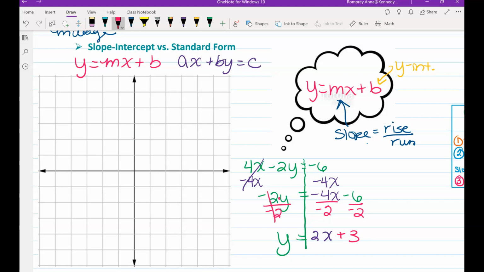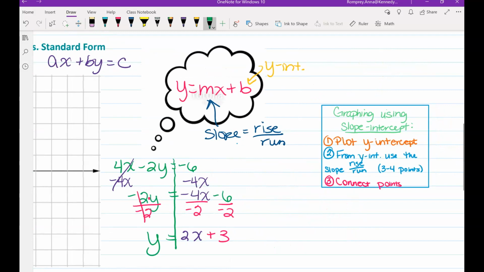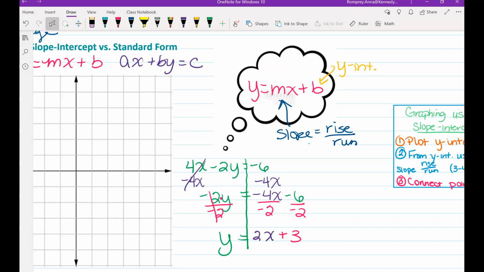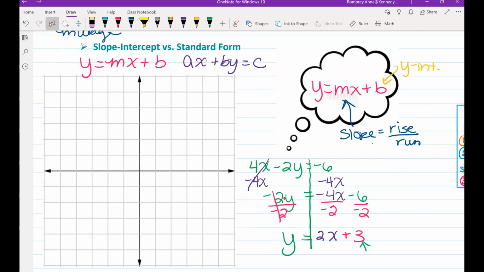So when we go to graph this, let's come over here and look. When graphing using slope-intercept form, first, plot the y-intercept. So let's give ourselves a place to start. So our y-intercept, +3. So I'm going to start at +3. And from +3, I'm going to use my slope.